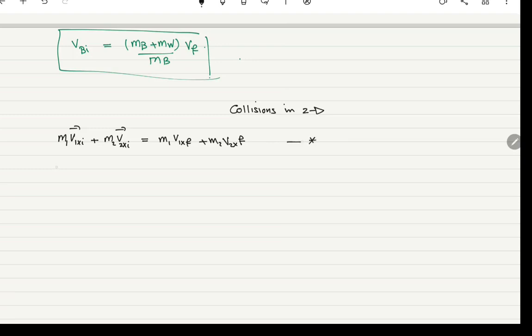Now the second one, the momentum along the y-axis is conserved, so m1 v1y initial plus m2 v2y initial equal to m1 v1y final plus m2 v2y final. And one more equation is the conservation of kinetic energy.